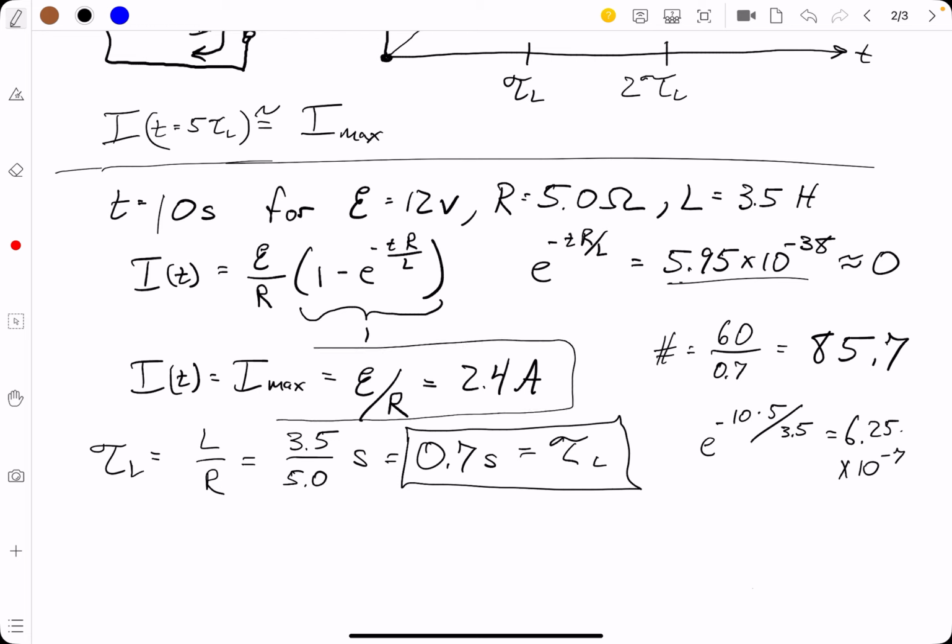So I'm going to go through here and do t equals 10 seconds. Just make a little note. That gives us e to the minus t over tau is equal to 6.25 times 10 to the minus 7. That's pretty small, and then we'll still end up with that. And we know that. Okay, so good. Let's move on.